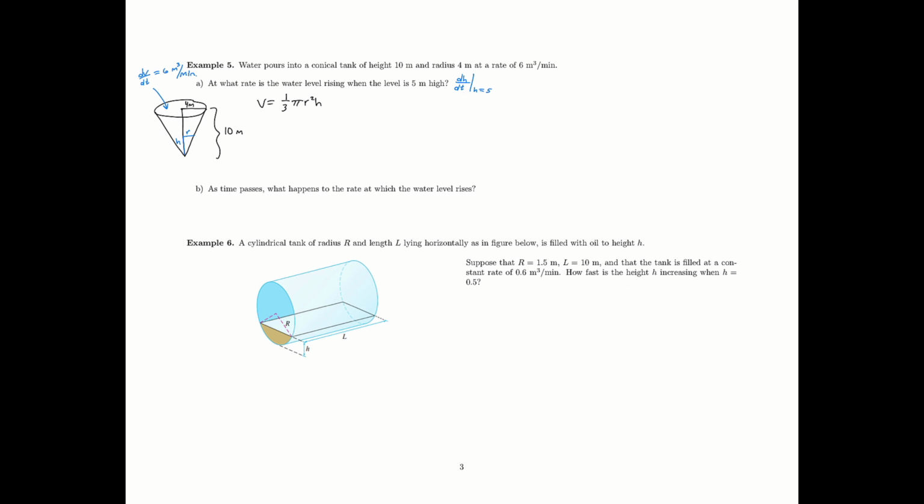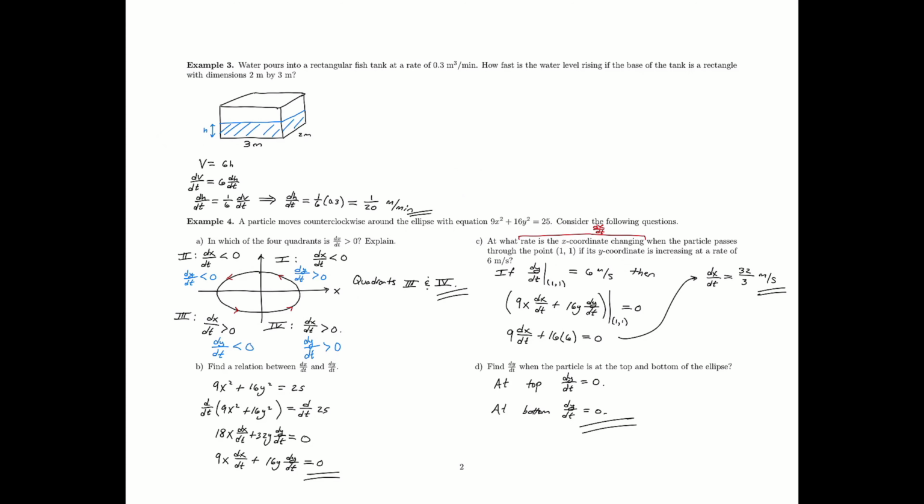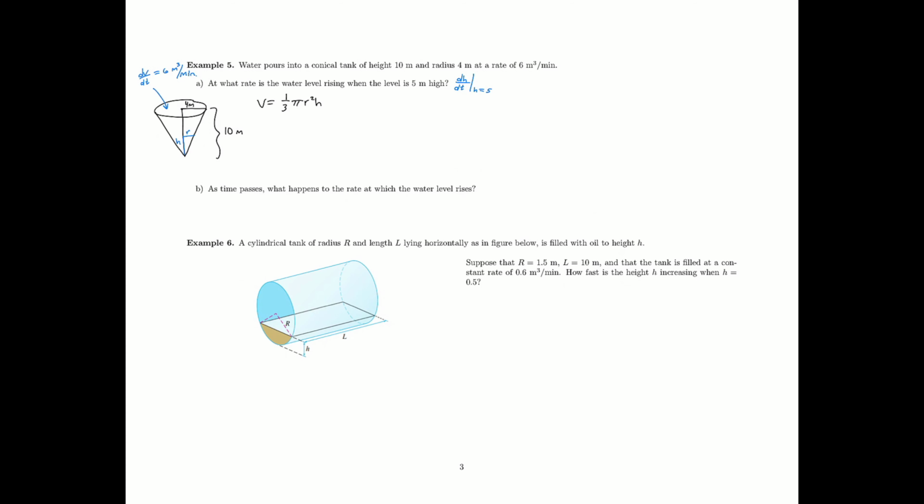So we know what dV/dt is. That's 6, and this is the rate. So we come up with this equation, the volume, because we know information about the volume, and this just so happens to involve information about the height. So we have successfully obtained a relationship relating V and h.